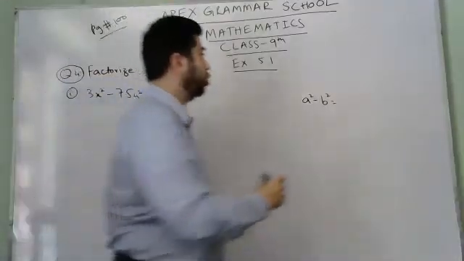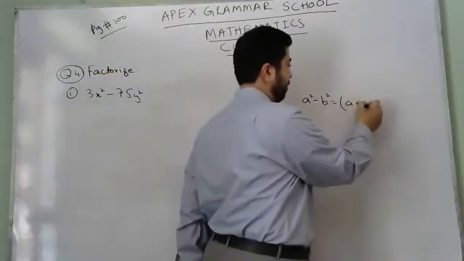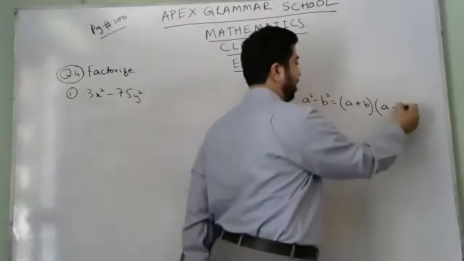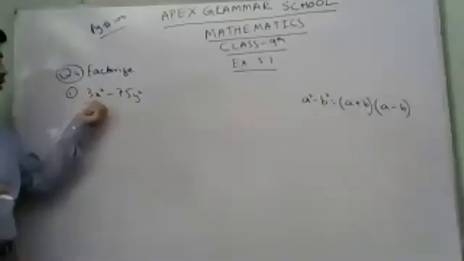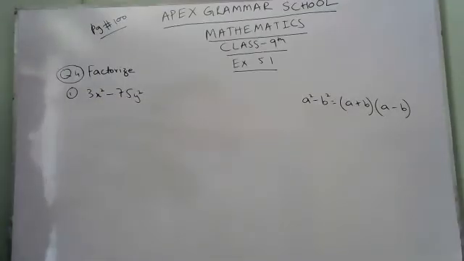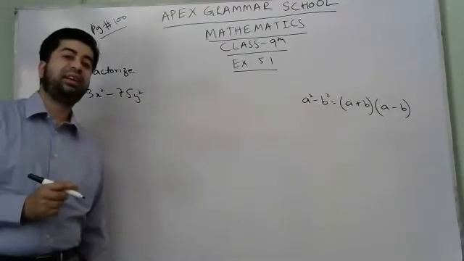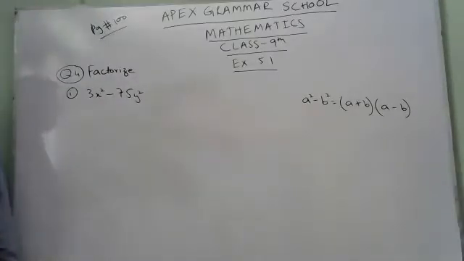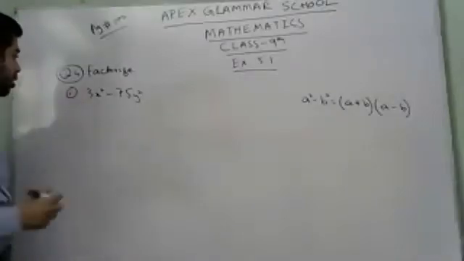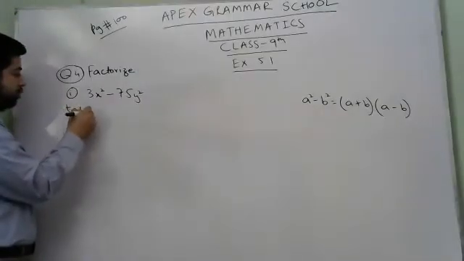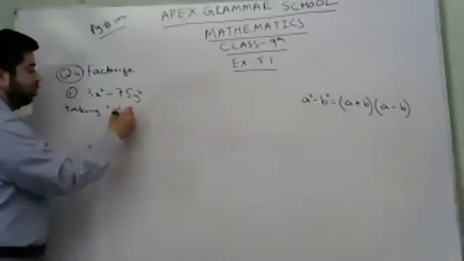This will be equal to a plus b into a minus b. You have to factorize 3x squared minus 75y squared. So the first rule of factorization is, you know, what is common inside this expression. You can see that 3 is common here. So taking 3 common.